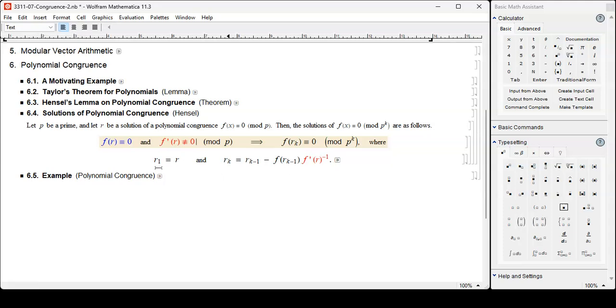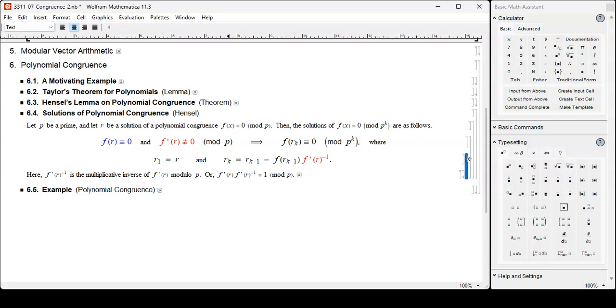The base case is the same as r, and then r will give you r1, and r1 will give you r2, r2 will give you r3, r3 will give you r4, and so on, up to r_k for modulo p to the k power. This inverse is the multiplicative inverse of f prime of r, but it's modulo p.